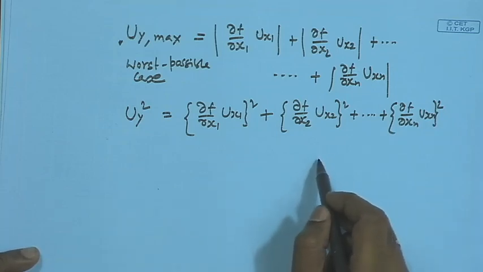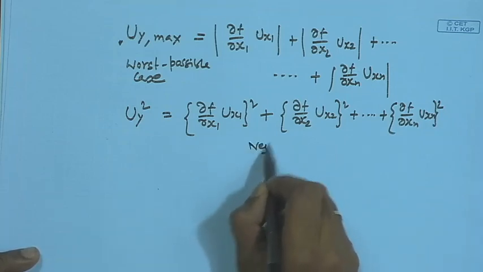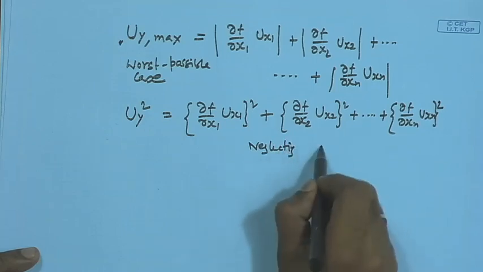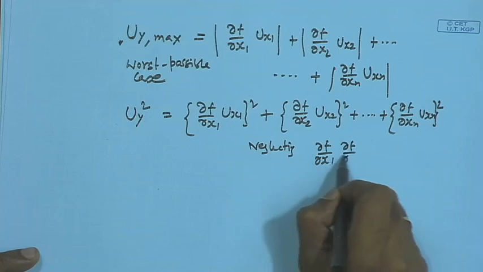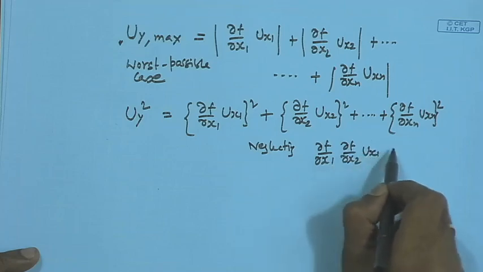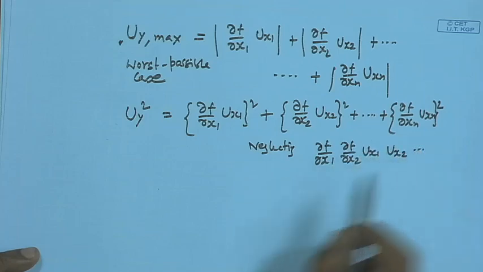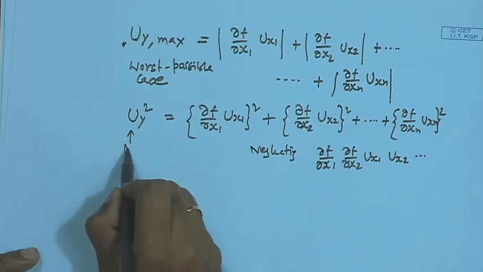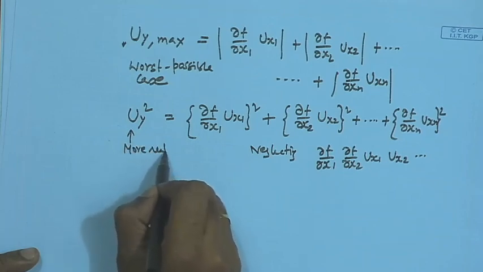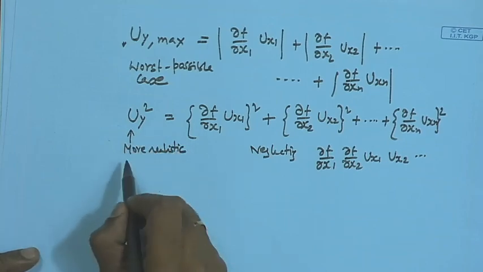Here we have neglected cross terms like this, so this will be a more realistic uncertainty.